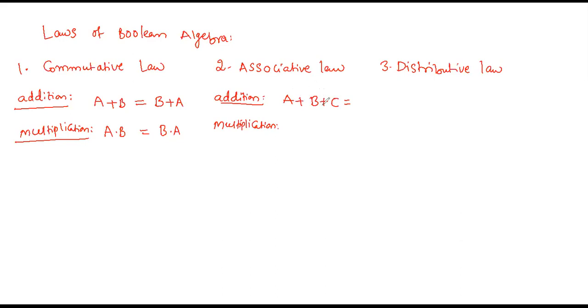Okay, when you are adding three variables like this, you can add first B with C, then the result you can add with A. The result is equal to A plus B grouping, then C. When you are adding more than two variables like that, the grouping does not change the result.